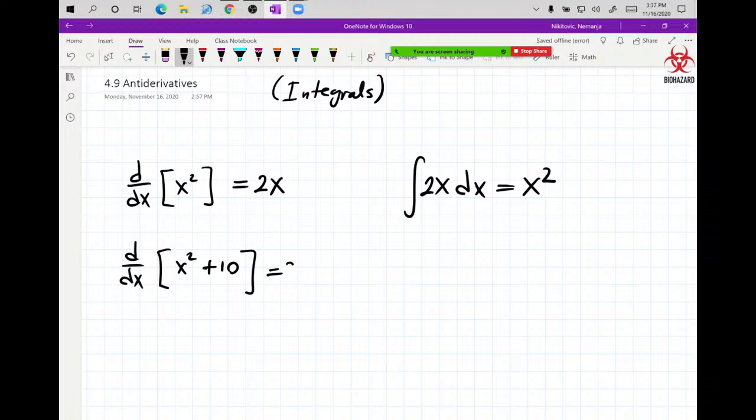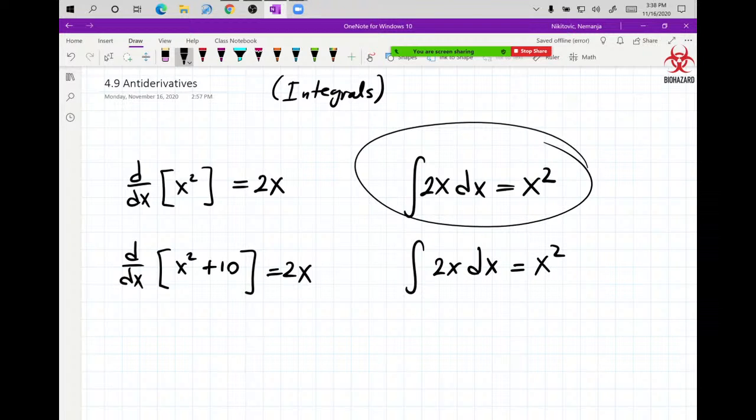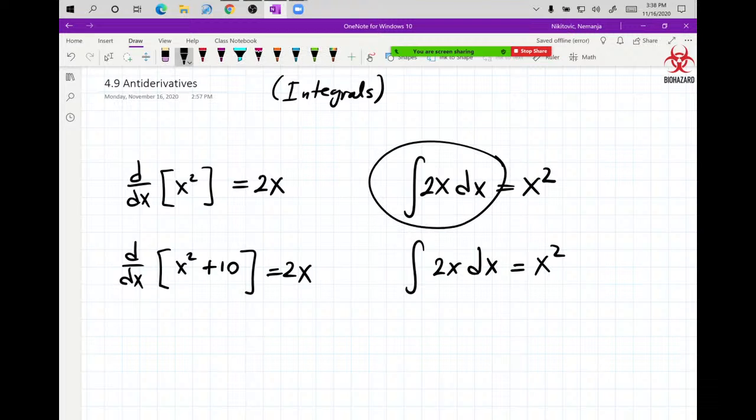But we are not done here, because if you observe this problem, you immediately see that we have an issue. Why would this give you x squared, and then the same thing give you x squared plus 10? You see the dilemma.